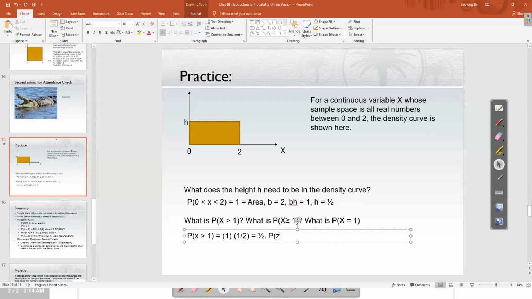And what's the probability of x greater than or equal to 1? So when you include 1 or not, will that change anything for the probability? This will be the probability of x greater than 1 or x equal to 1, right?